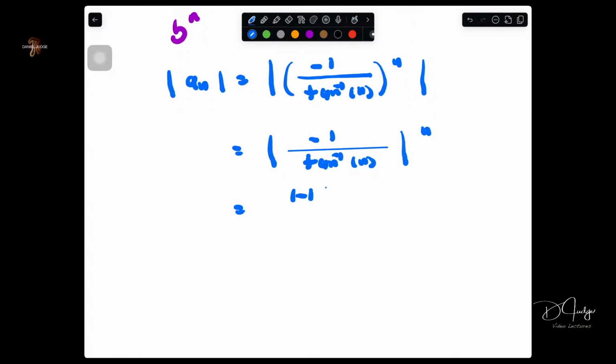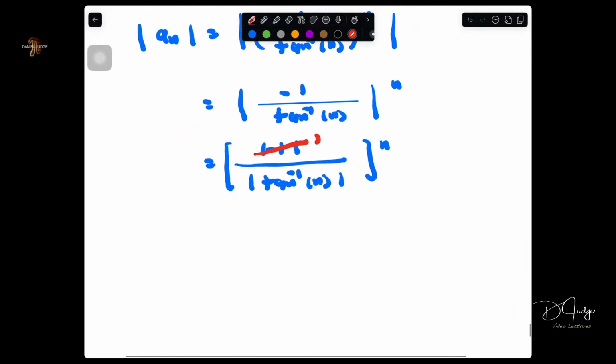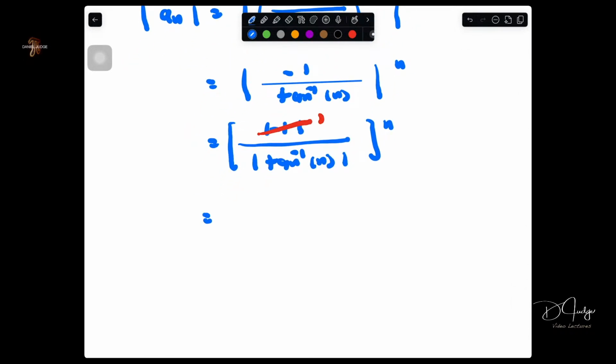Properties of absolute value, meaning the absolute value of a quotient is the quotient of absolute values. This whole thing is to the nth power. So now, this is 1, and you get 1 over inverse tangent, which is strictly positive for values of n.